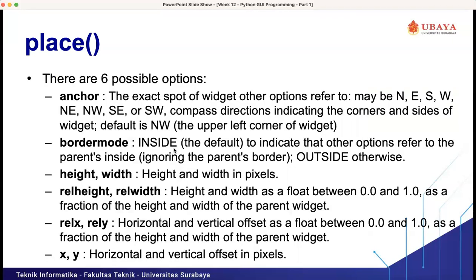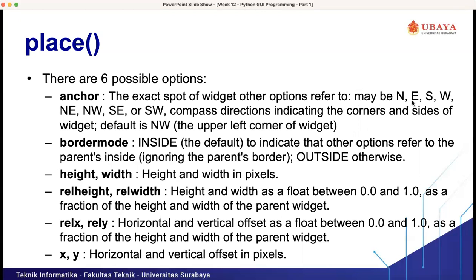We have more than one parameter here, inside and outside, to indicate that the other option refers to the parent's inside, ignoring the parent's border. Okay, height and width. This one is the exact spot of the widget, other option referring to maybe NESW: northeast, northwest, southeast, and southwest. It's like a compass, yes.